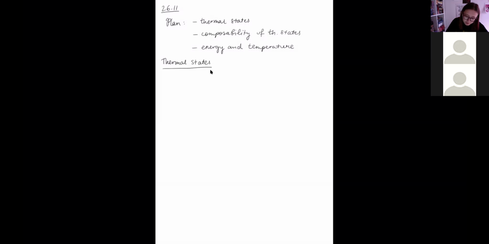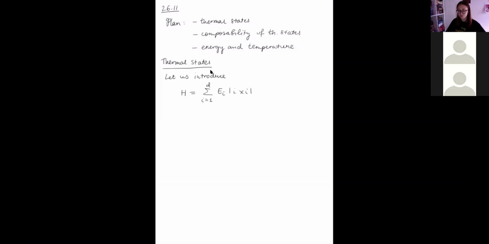Let us look at the following Hamiltonian, H, which is just the sum from i=1 to d of E_i |i><i|.